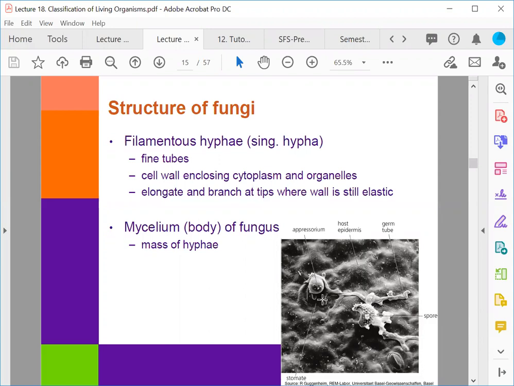This is a stomata, or rather I should say a stoma. When the fungal hypha finds this entry point, it produces this infection structure called an appressorium. So fantastic image there, not easy to get something like that.